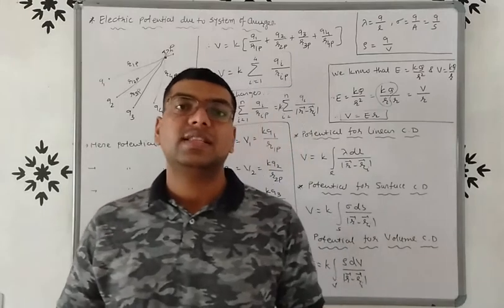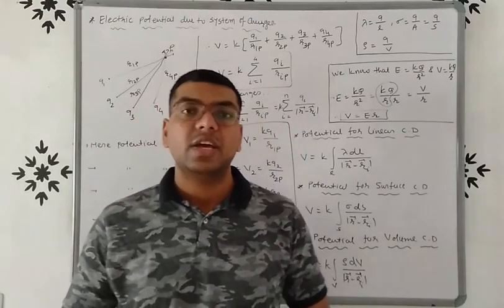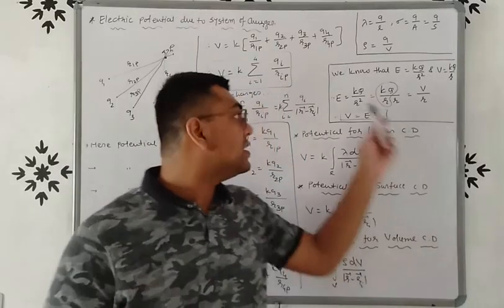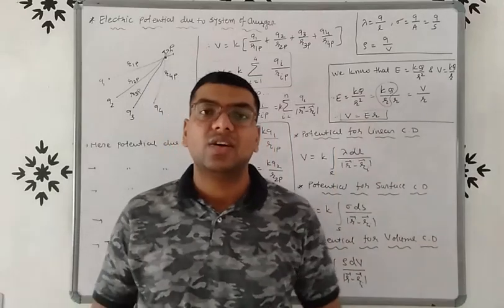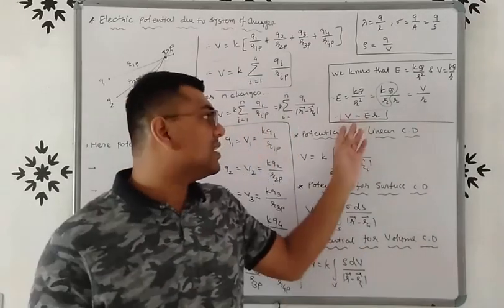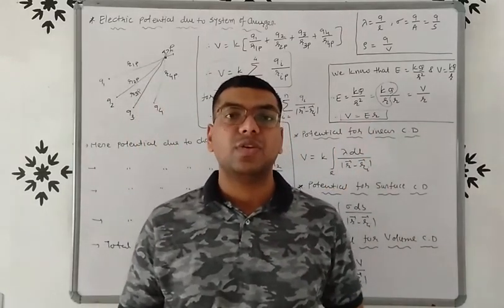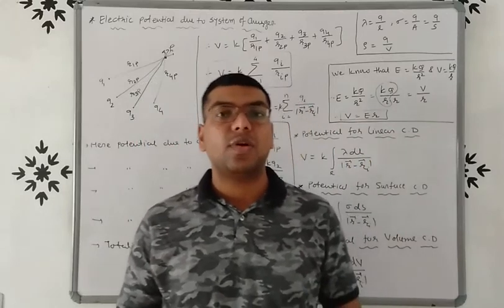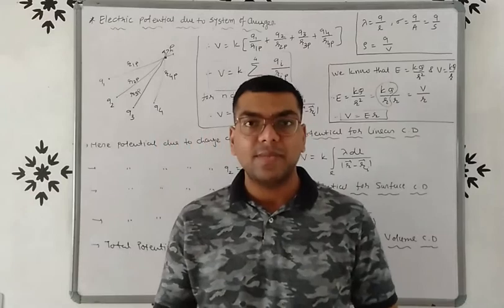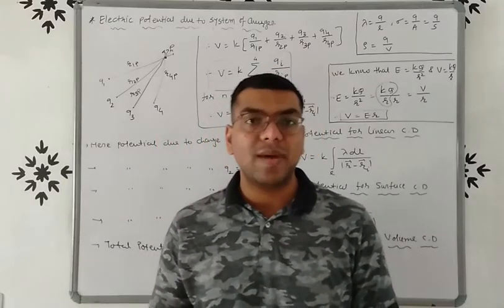So friends, this is the relation between potential and electric field. You have to remember this equation, V is equal to Er. Or if the distance is d instead of r, then V is equal to Ed, right? So you have to remember the formulas. First of all, the formula of electric field, kq by r square, and the formula of electric potential, V is equal to kq by r.